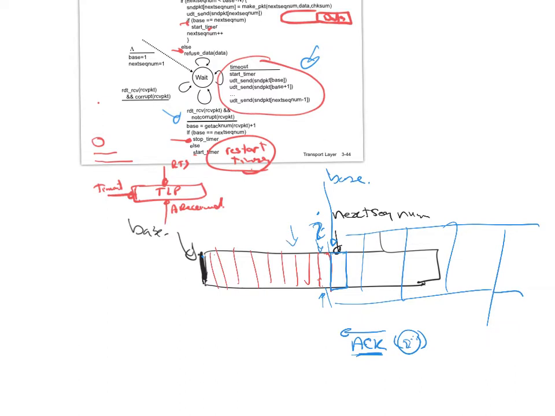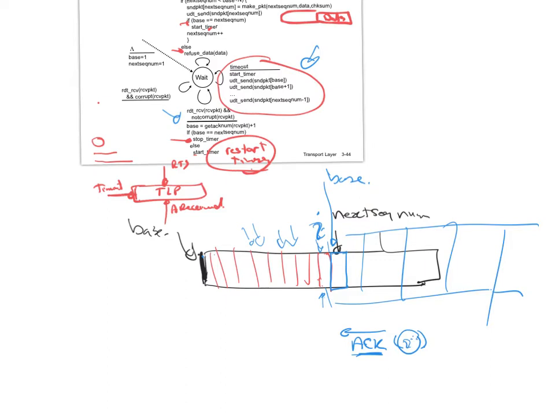Otherwise, if the base is at any other point, this means that the window has some segments that were already sent but not acknowledged. Okay? So in that case, I will restart the timer, because the timer runs whenever I have at least one segment inside the window sent and waiting to be acknowledged.